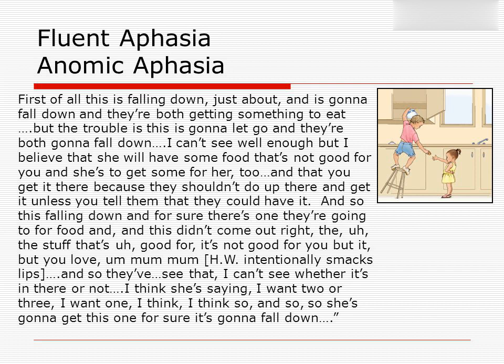There, the stuff that's not good for you but you love. And so they've, see that. I can't see whether it's in there or not. I think she's saying, I want 2 or 3, I want 1, I think so, and so she's gonna get this one for sure, it's gonna fall down.